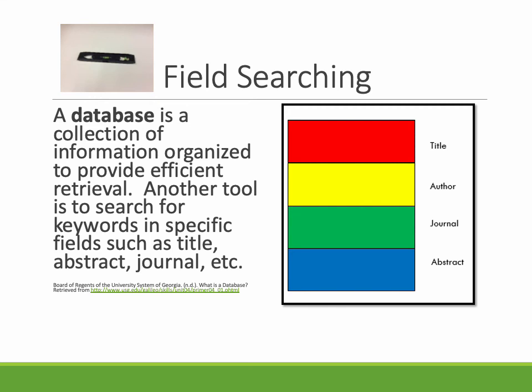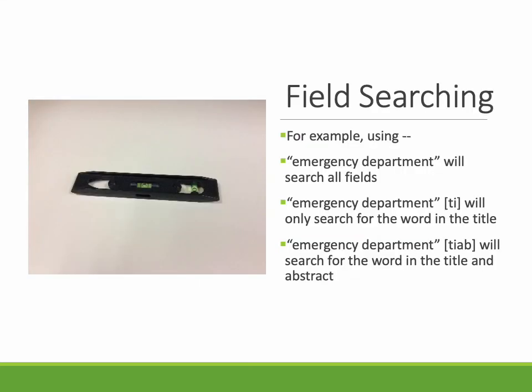It can also help me if I'm getting a lot of results. That's one way that I can limit my search and make my results more relevant. So here's an example. If I use emergency department, it'll search all fields. However, if I put emergency department with a TI at the end, that tells PubMed to only search for that phrase in the title. If I put TIAB, that tells it to search for that phrase in the title and the abstract.